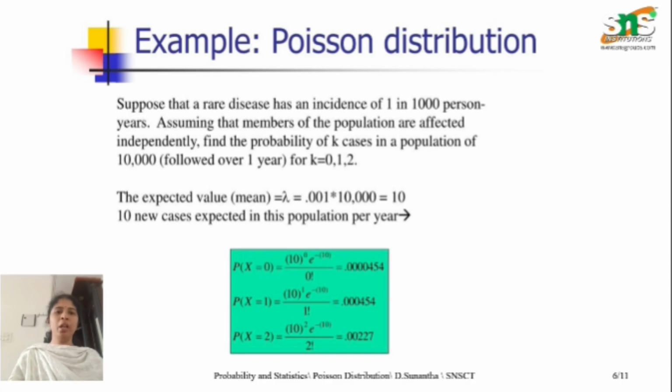So the expected value will be lambda equal to 0.001 into 10,000, which is equal to 10. That means 10 new cases are expected in the population per year. Next is the calculation when x is equal to 0, x is equal to 1 and x is equal to 2.